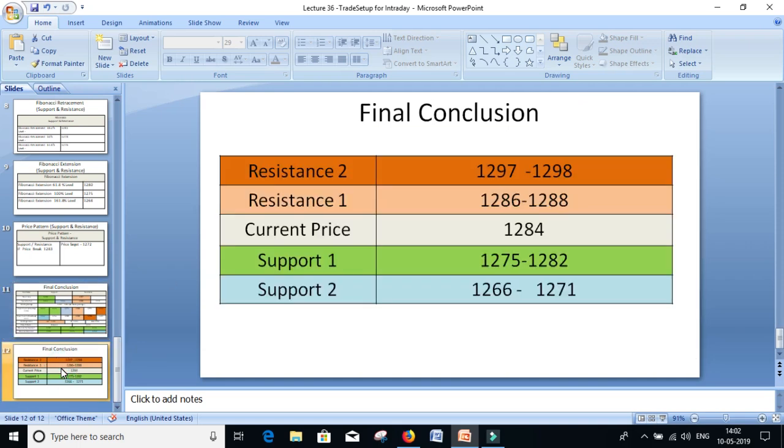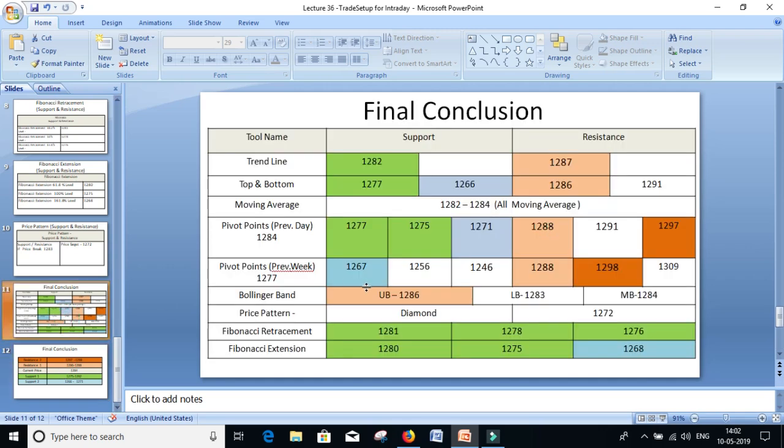The current price is $1284 per ounce. Now we consider the respective nearest resistance. Then we see by the pink levels 1, 2, 3, 4 and 5 out of 6 or 7 tools. The 5 tools are your close range of $1286 to $1288.